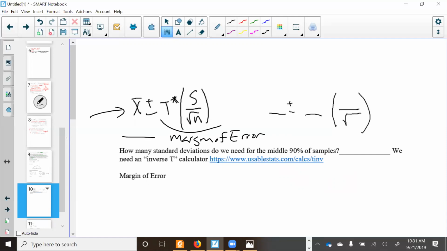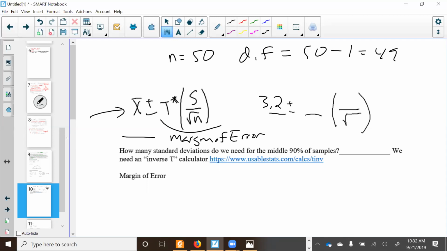Here's the X bar, so we know 3.2. Let's figure out what we need for a T star, just so you see it. Again, I'm not going to make you do that. We know n equals 50. So the degrees of freedom is n minus 1, so 50 minus 1 is 49.